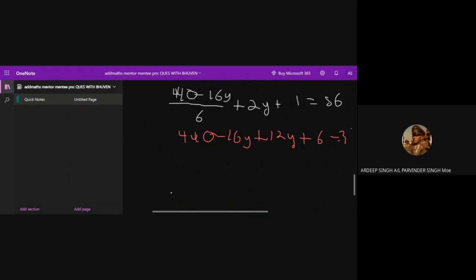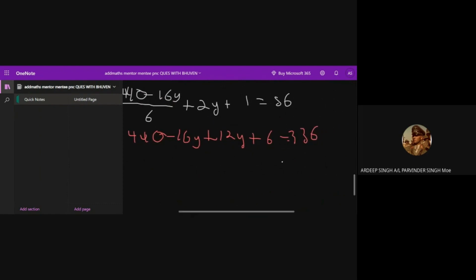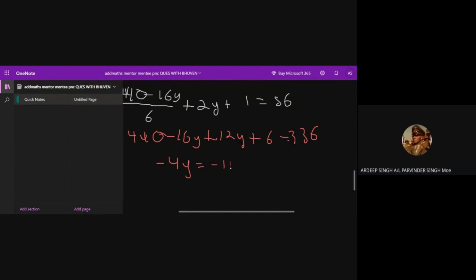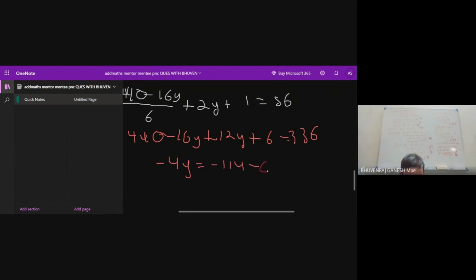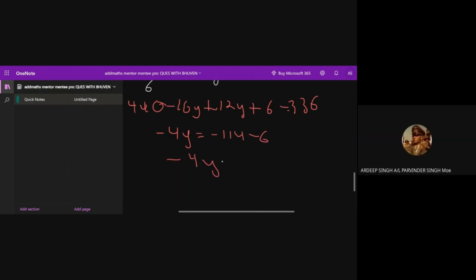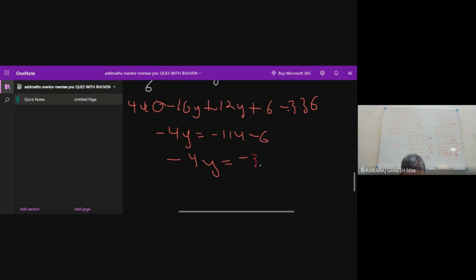Alright, so now we come to another step. Now 336 minus 440, with negative 4y. 336 minus 440, you get negative 104.